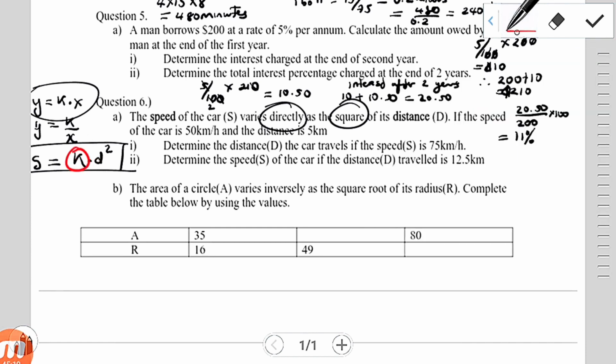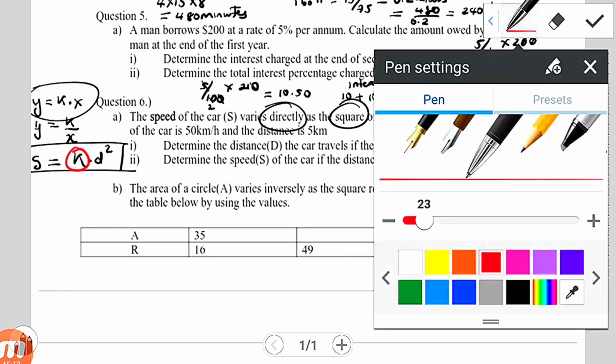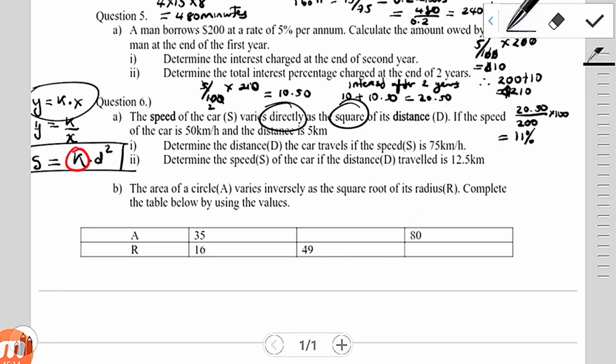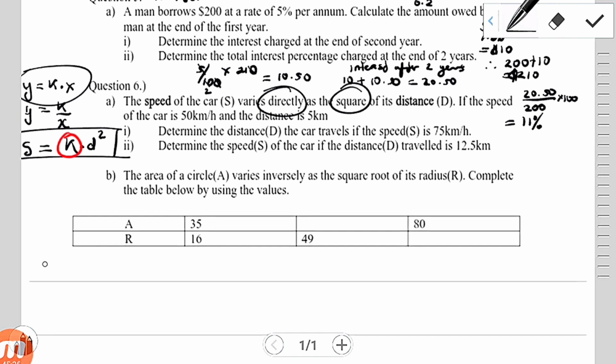K is your constant of proportion, or what I tell my students is finding the one share or one value. Mathematically, k is known as the constant of variation. So let's go down here and try to find k.